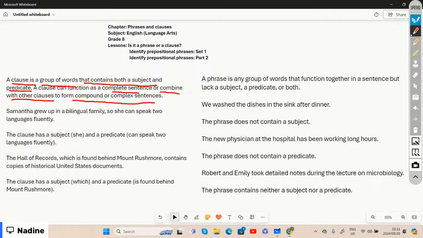All right. If you look at another one, it says the Hall of Records, which is found behind Mount Rushmore, contains copies of historical United States documents.